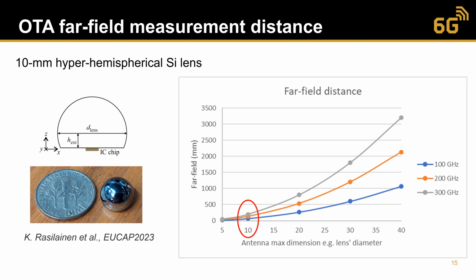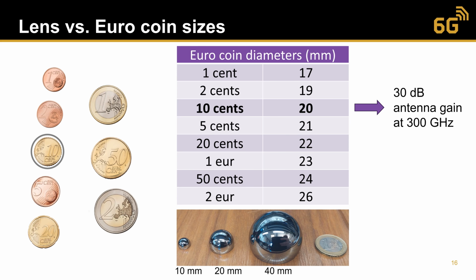If the antenna size is increased to 40 mm, then the far-field distances are 1 meter for 100 GHz and 3 meters for 300 GHz. If the lens antennas are compared to euro coin sizes, a 10 cent coin is the same size as a 20 mm silicon antenna. A 20 mm lens antenna at 300 GHz gives about 30 dB gain, while the 40 mm lens gives about 40 dB antenna gain.